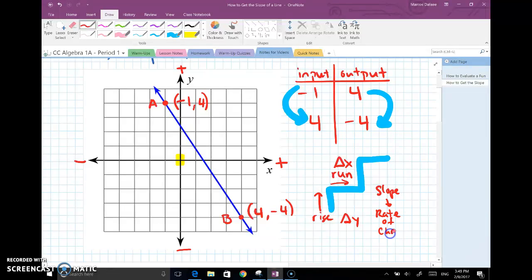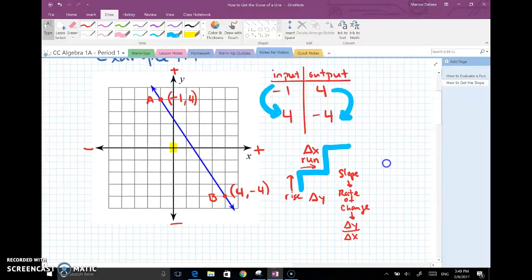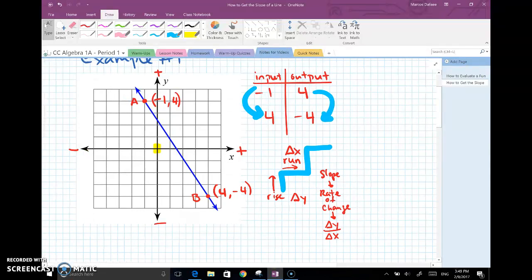Rate of change is given in terms of the change in y, in other words, the rise, over the change in x. And so everything I do has to adhere to that idea, the change in y first and then the change in x. So let's go back to the table over here and see what we have.